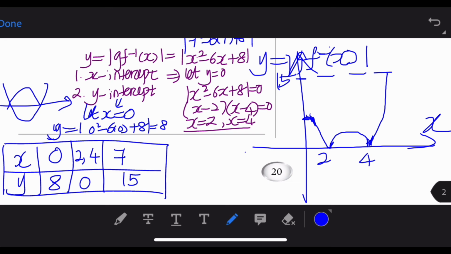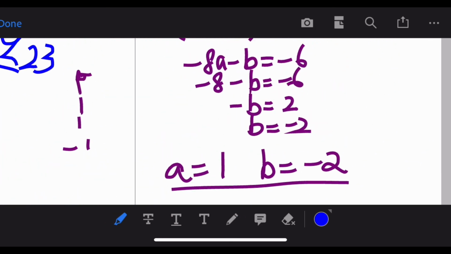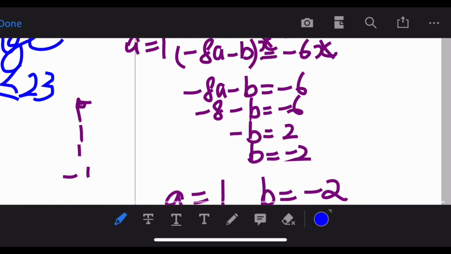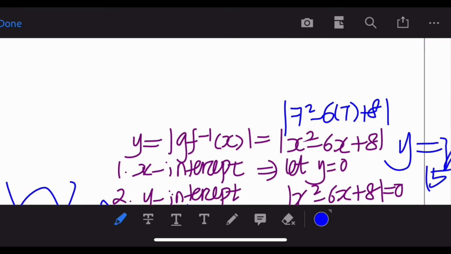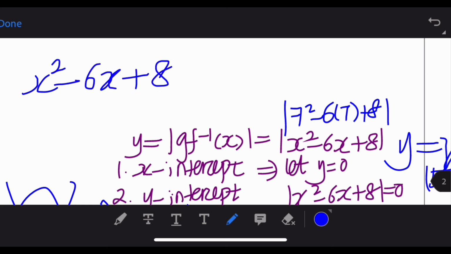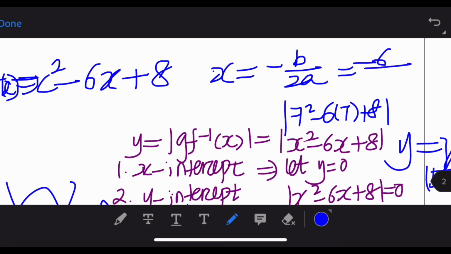Alright, so this one is 8. Then we have to find the turning point. For the quadratic function x squared minus 6x plus 8, how to find the turning point? We always use completing the square, or you can use the formula if you can remember: negative b over 2a, negative of negative 6 over 2 times 1.